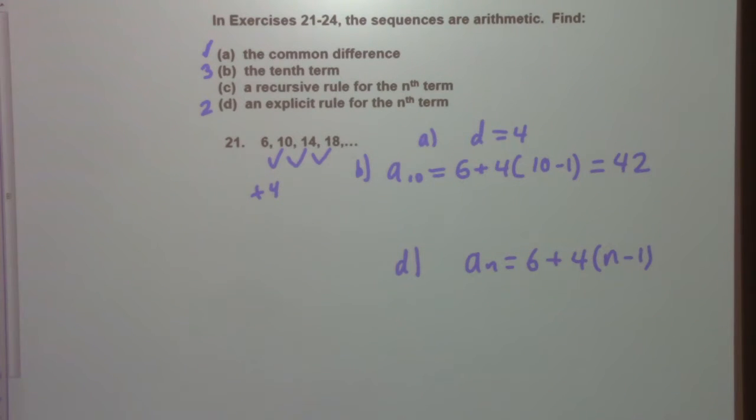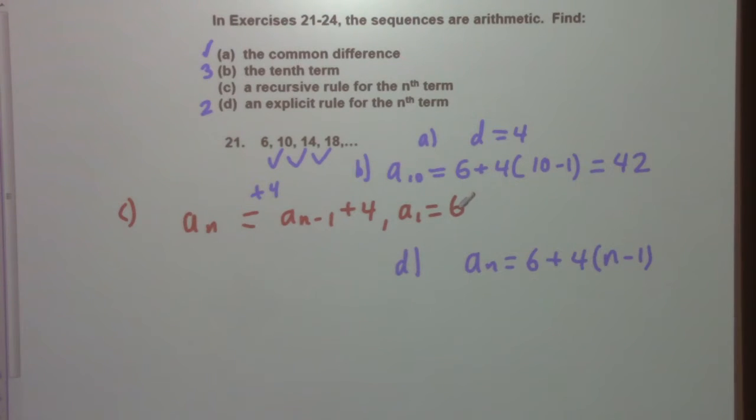And just for demonstration purposes on this problem alone, I want to show you what a recursive rule looks like. A recursive rule looks like a sub n minus 1 plus our common difference of 4 equals a sub n, and a sub 1 equals 6.